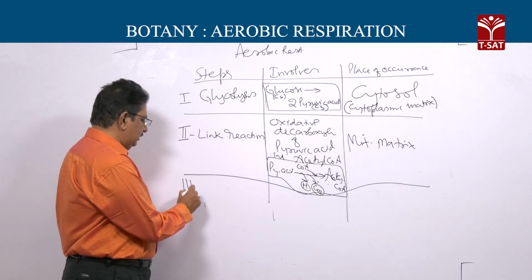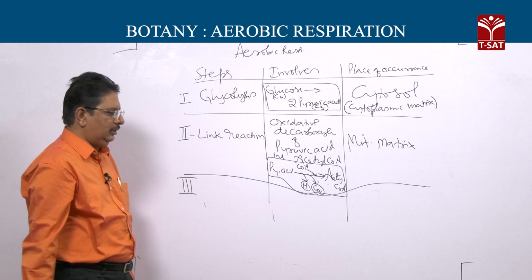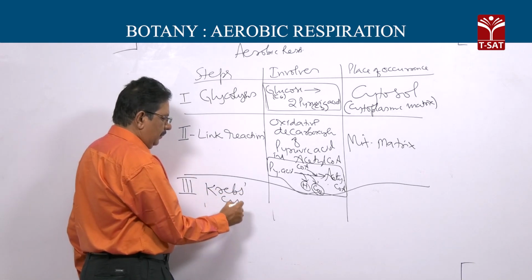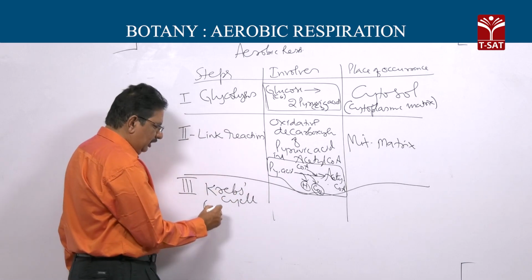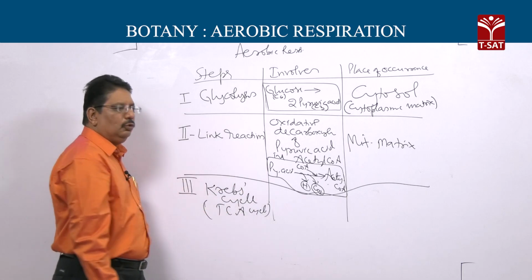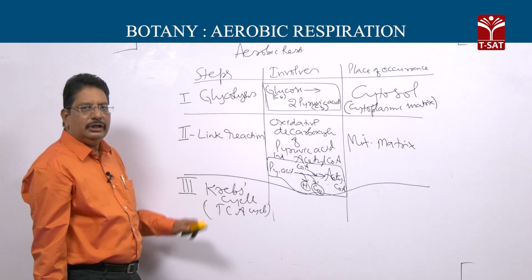Another step in aerobic respiration is called the Krebs cycle, very popularly called the TCA cycle. So, what happens during the Krebs cycle?